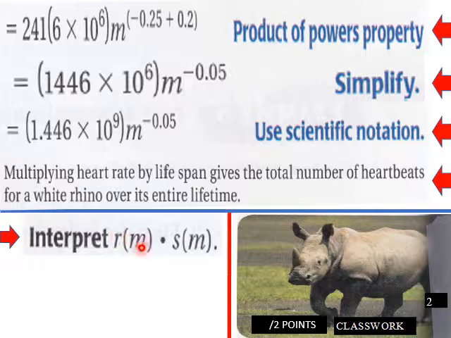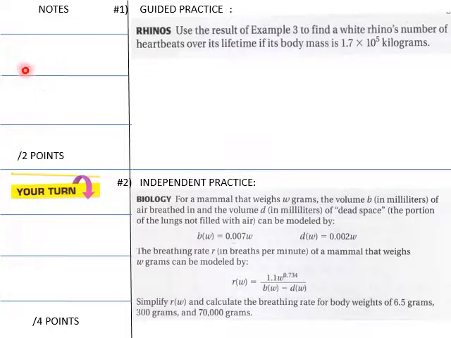When you multiply R of M times S of M, we're multiplying heart rate by lifespan. Multiplying heart rate by lifespan gives the total number of heartbeats for a white rhino over its entire lifetime. So this would be the heartbeats over the entire lifetime of a rhino.